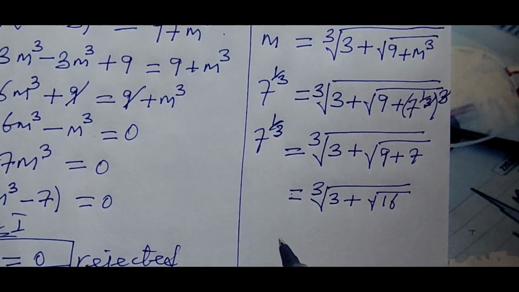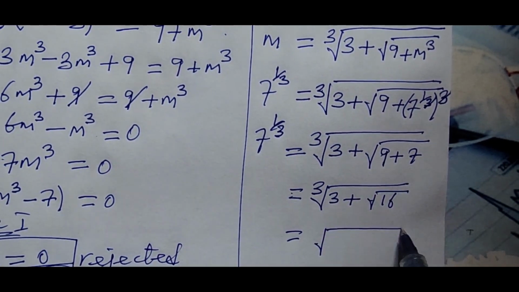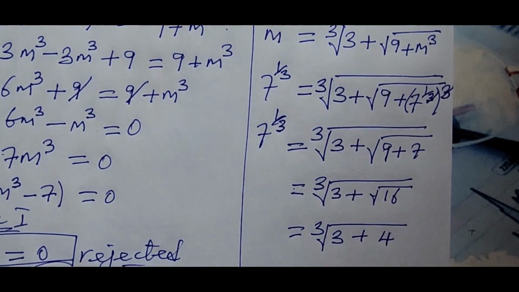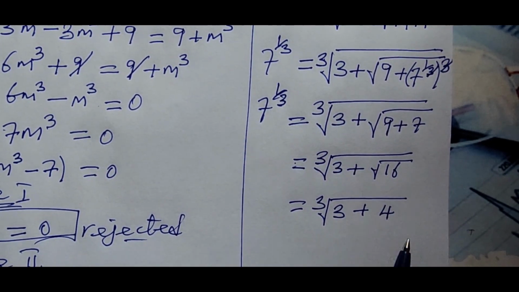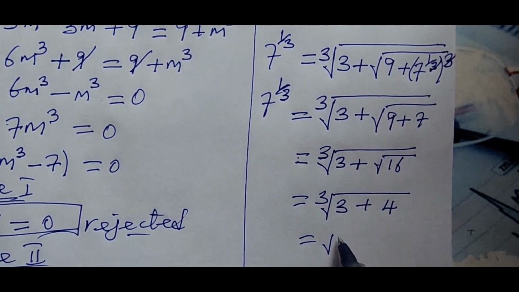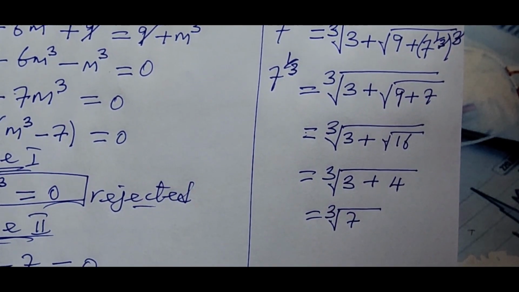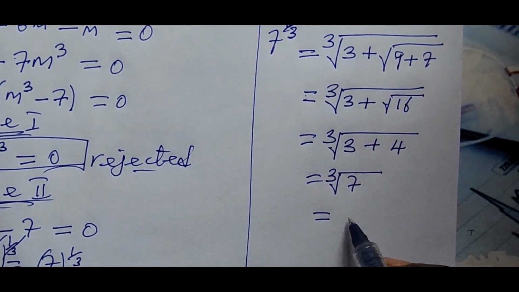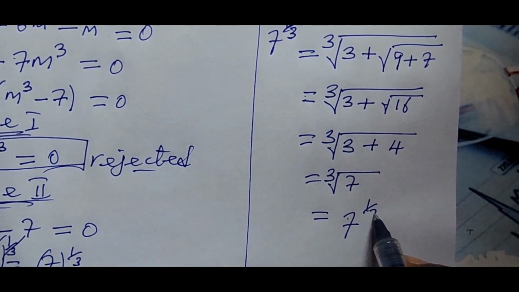Then from here, we now have the cube root of 3 plus 4. If we add 3 to 4, that will give us the cube root of 7, right? Good. So the cube root of 7 can equally be written as 7 to the power of 1 all over 3.